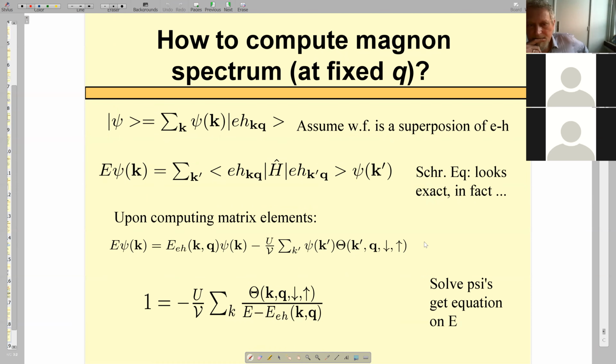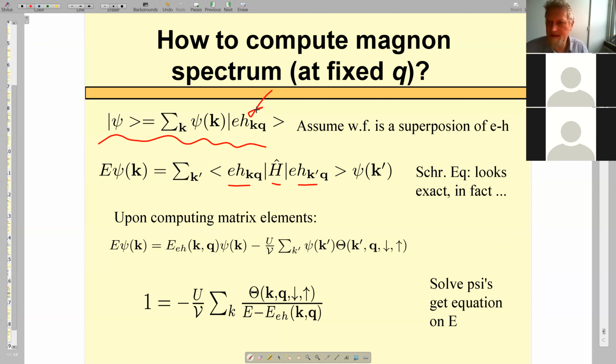To compute the magnon spectrum at a fixed Q, you assume a wave function which is a superposition of electron-hole pairs. You put this into the Hamiltonian, and it has non-diagonal matrix elements within this wave function set.